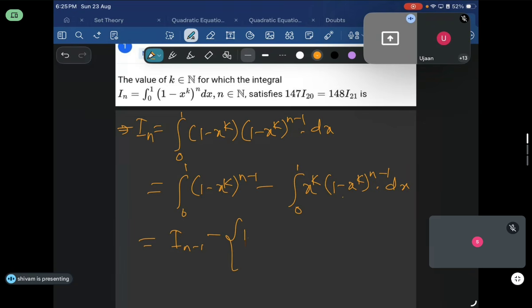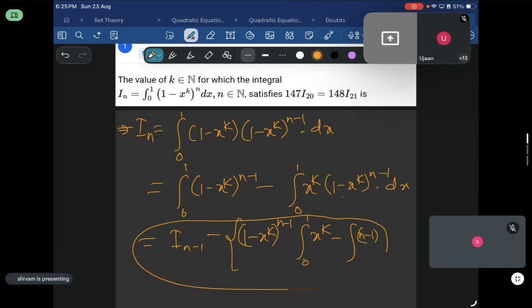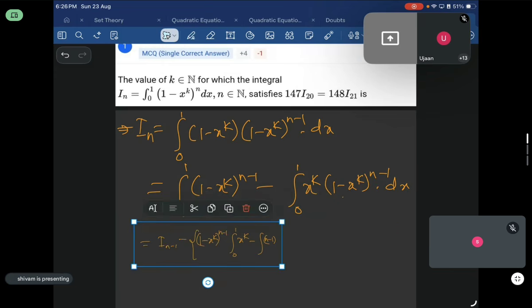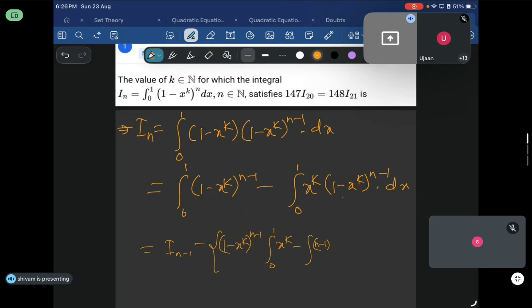So (1 minus x to the power k) whole to the power n minus 1 into integral of x to the power k, minus integral of d by dx of (1 minus x to the power k) whole to the power n minus 1 will give us n minus 1 into, wait a minute, n minus 1 into (1 minus x to the power k) whole to the power n minus 2.